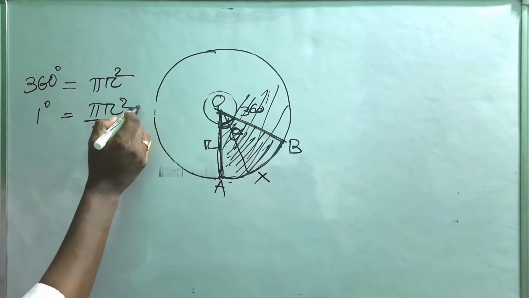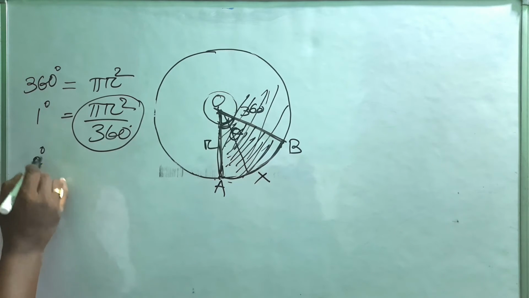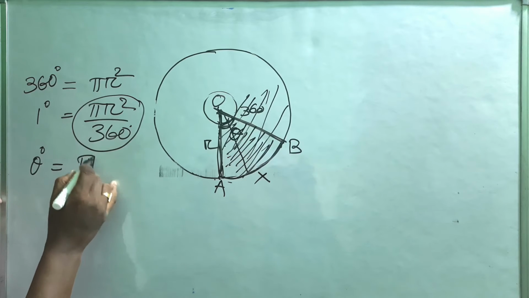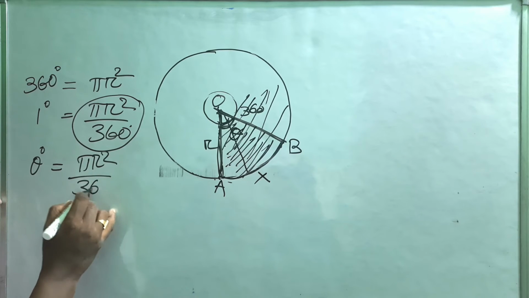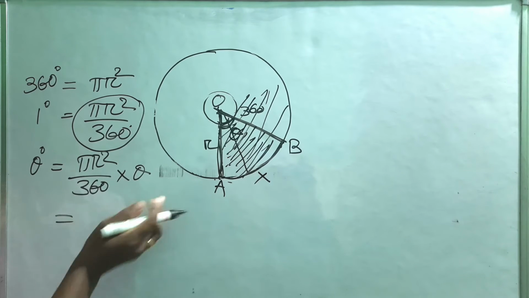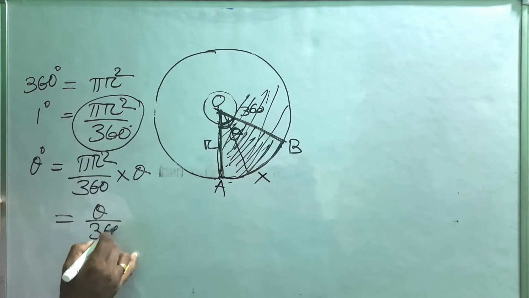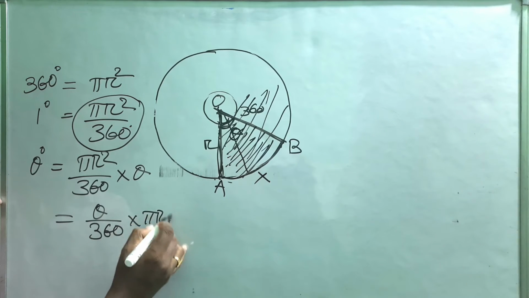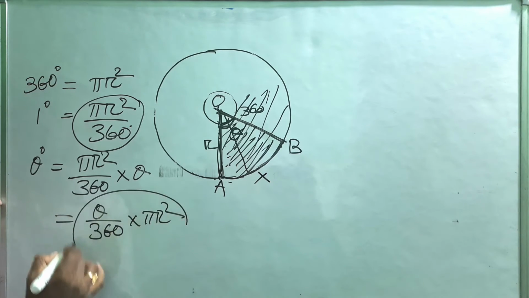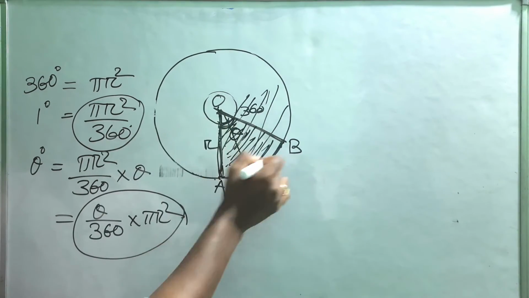In 1 degree, this much area is covered. So in theta degrees, it will cover pi r square by 360 into theta. Or you can rearrange it like this: theta by 360 into pi r square.